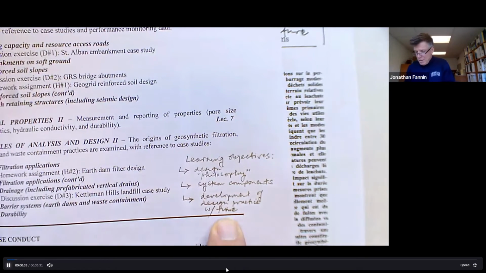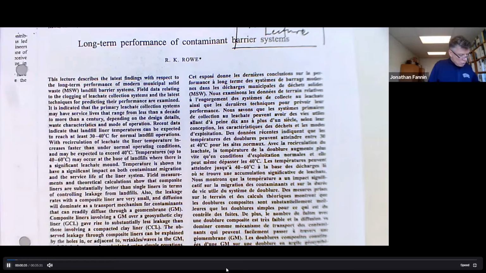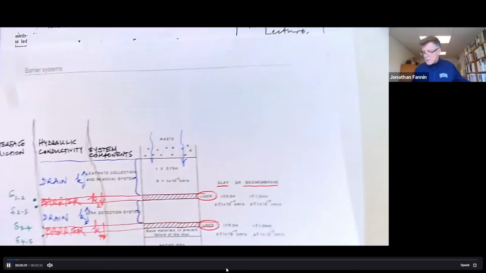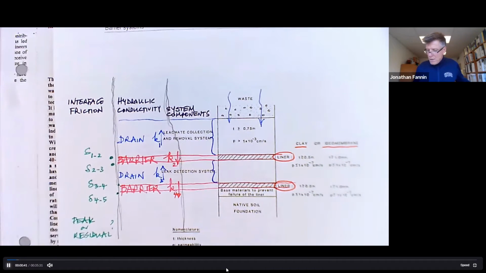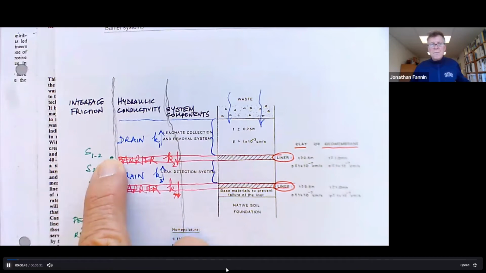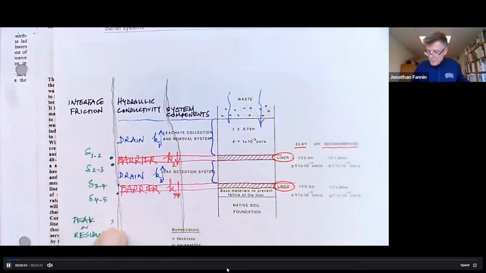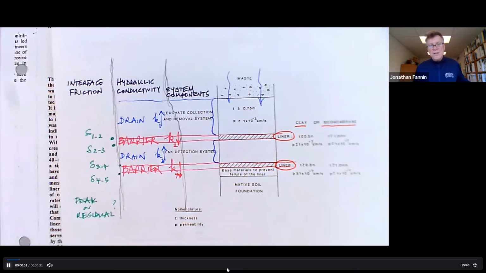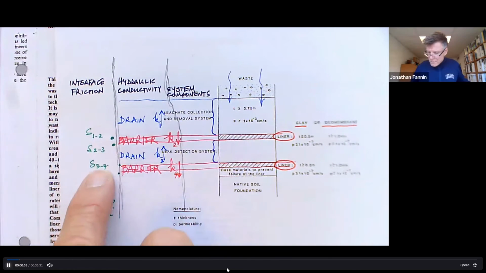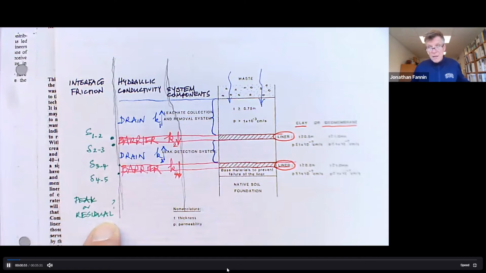And if we look at the components, and I use this to guide it, then one aspect of the development of practice with time is with regard to how might we assign interface friction. And that's something that I think is a work in progress.